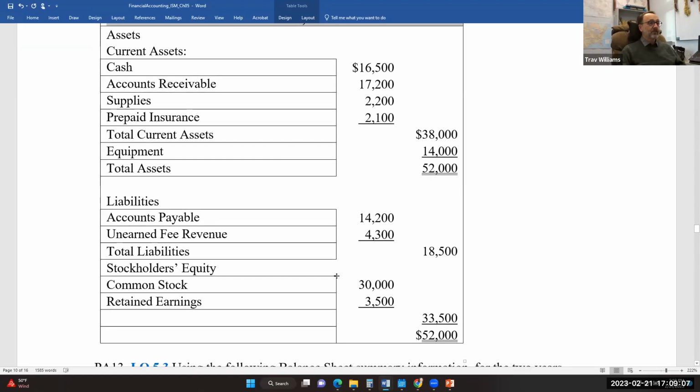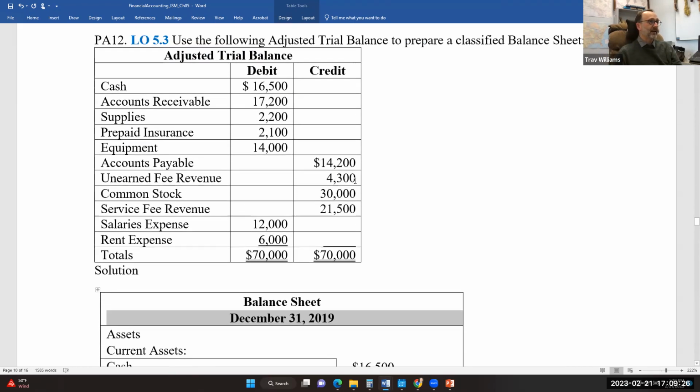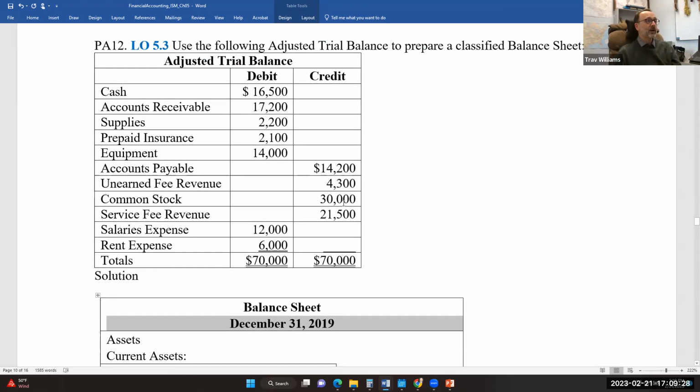Okay, so again, that's the tricky part here. Normally how we would do this is we would do that 4-step closing process. Then we would prepare the post-closing trial balance, which would already have that ending retained earnings on it. In this case, we didn't do that. We're working with the adjusted trial balance.